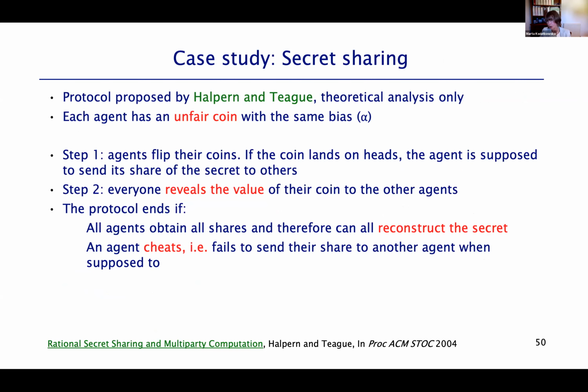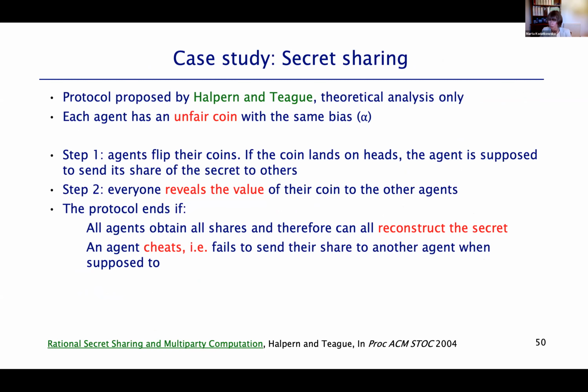And just to show you one more example, I do not have time to explain this protocol, but this is a protocol that was introduced by Halpern and Teague with a theoretical analysis.